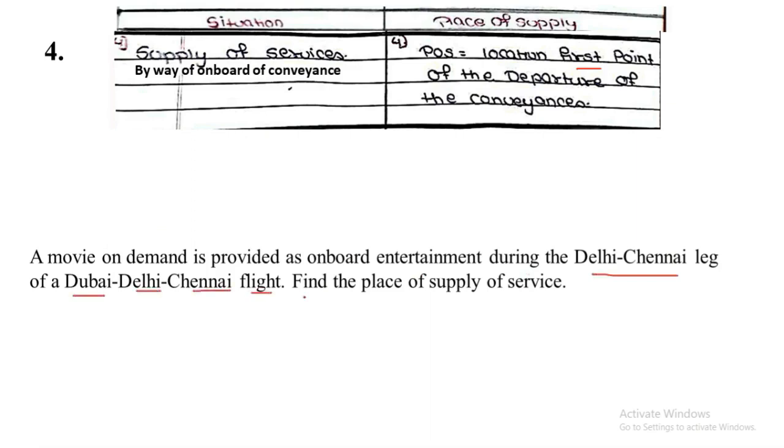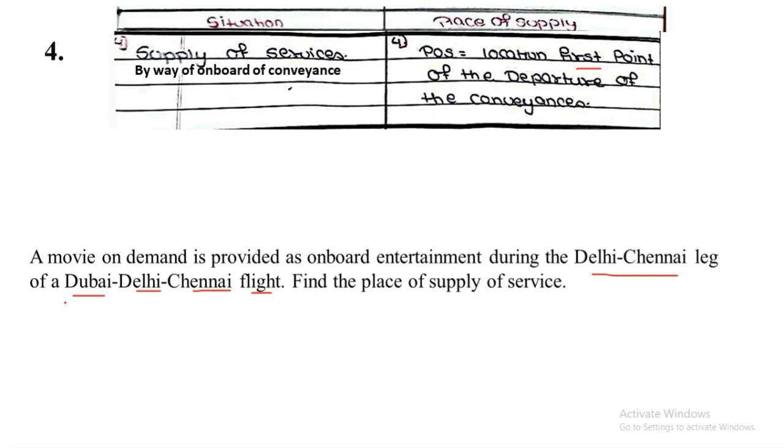So now this is a long distance flight from Dubai to Delhi, from Delhi to Chennai. During the Delhi-Chennai leg, you asked for a movie, or you demanded a service for a movie. So as per the rule, since you have asked for services on board during your conveyance, the very first starting point of your departure will be your place of supply.